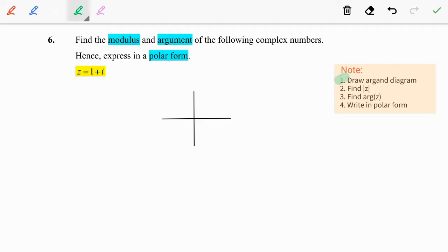Step 1. Represent in an Argand diagram in order to identify the location of 1 plus i. We let the x-axis be the real axis denoted as A and the y-axis be the imaginary axis denoted as B. Now, by comparing z equal to a plus bi with z equal to 1 plus i, we clearly see that the real part A is equal to 1 and the imaginary part B is equal to 1.